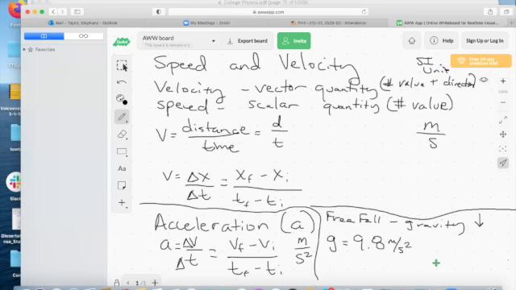So anything we throw in the air eventually comes back down. Whether it's a balloon or a ball, when you throw it up, it's going to come back down due to Earth's gravity. The gravity of Earth is 9.8 meters per second squared. The gravity on Earth is different than the gravity on the moon or any other planet.